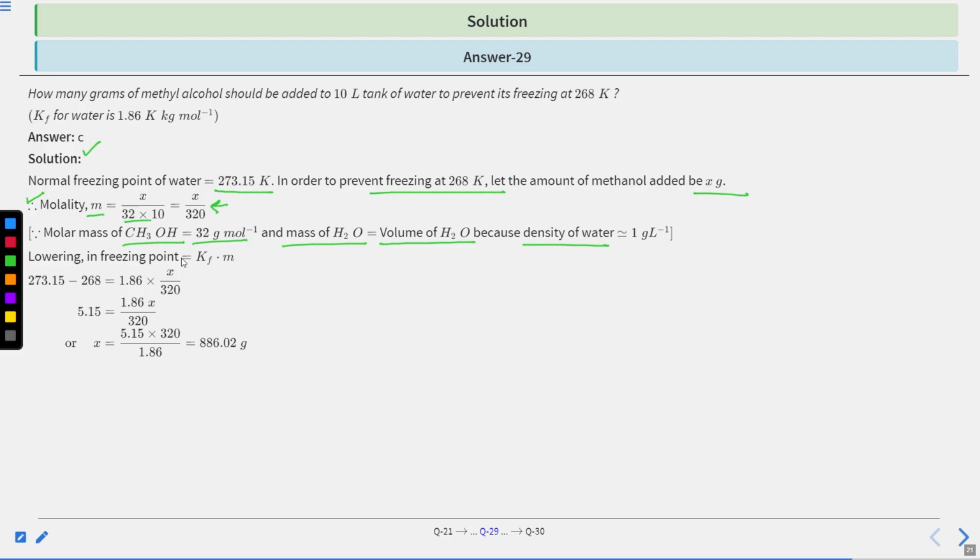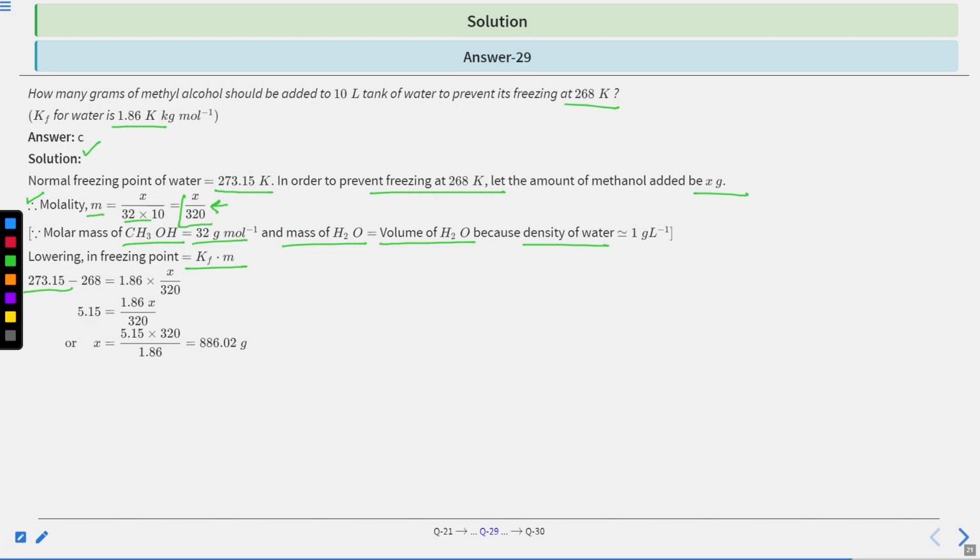So lowering in freezing point is calculated as Kf multiplied by the molality. And the lowering in freezing point is the standard freezing point of water, 273.15, minus 268 Kelvin, where we want freezing, and it will be equal to Kf, which is 1.86, multiplied by molality.